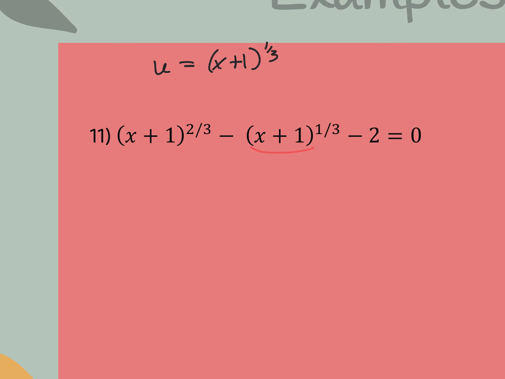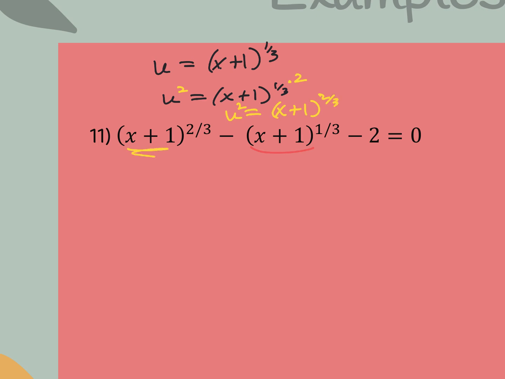And then if I square both sides, I rewrite it again, but show the square that's going to come in here. So u squared is equal to x plus 1 to the 2/3 power, which is what I have right here.